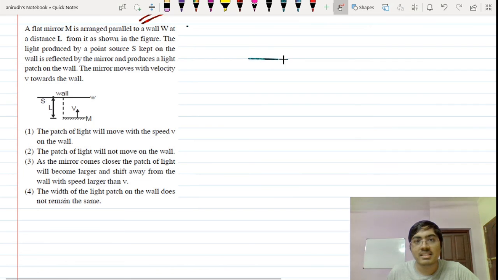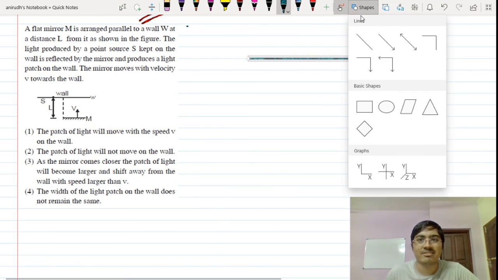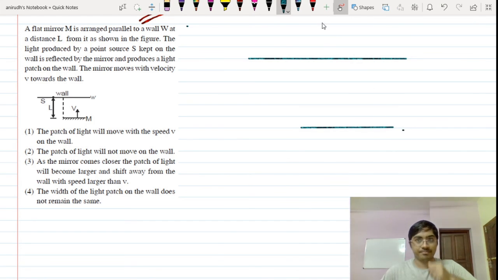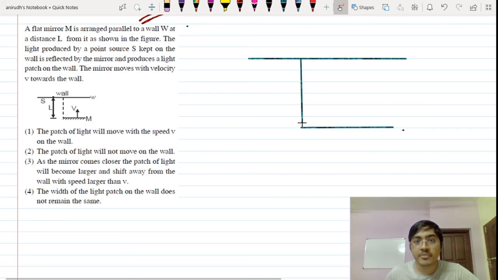So here they are saying that they have a wall like this, isn't it? And they named their wall as W. Okay, let it be there. Now we have a mirror here. Now this mirror is somewhat like this. This is my mirror and this mirror is M. See, this is the gap between the mirror and the wall.